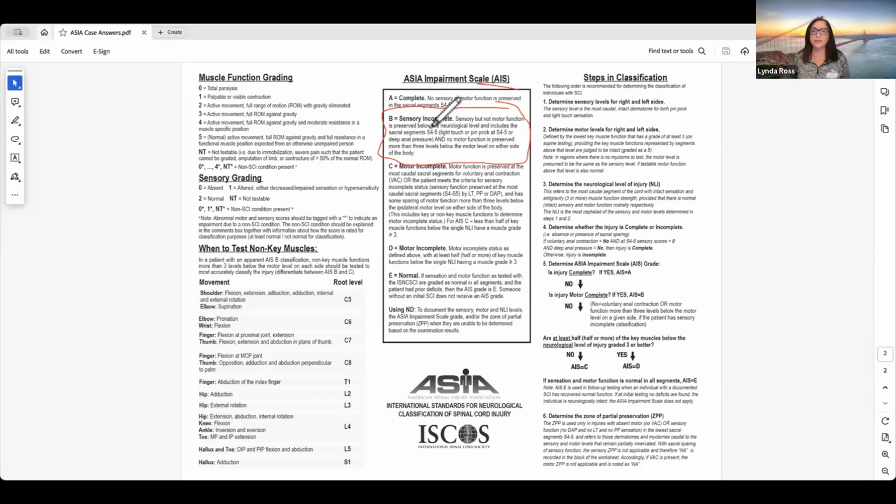Because that's motor, and that's motor below the neurological level of injury, below L2. Just because they might have light touch all the way down and DAP, they have VAC, they also have motor, so it can't be a sensory incomplete.